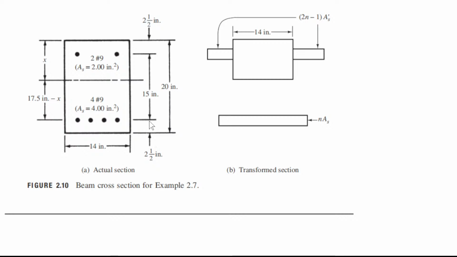The same is true with the reinforcement at the bottom. These are the top steel bars or top reinforcement, and these are the bottom reinforcement. Top and bottom reinforcement both have 2.5 inches of concrete cover.